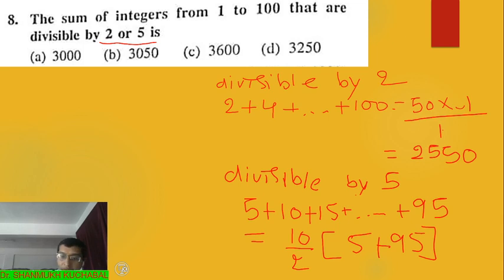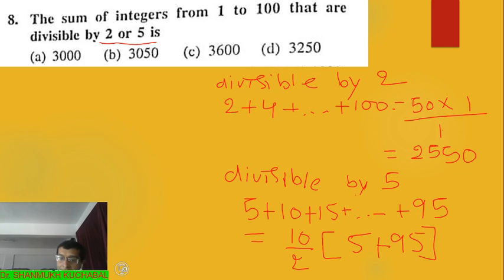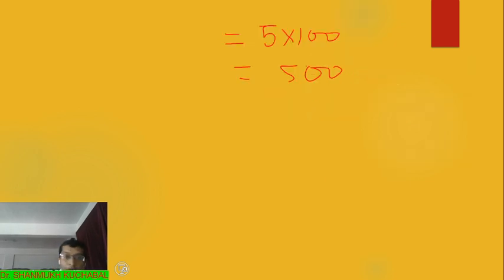If we simplify it, we get 5 into 100, or else it is 500. Now there are a total of 2550 for the numbers divisible by 2 and 500 for the numbers divisible by 5. For the total we have to add them.